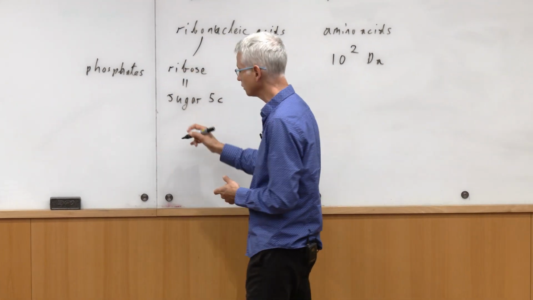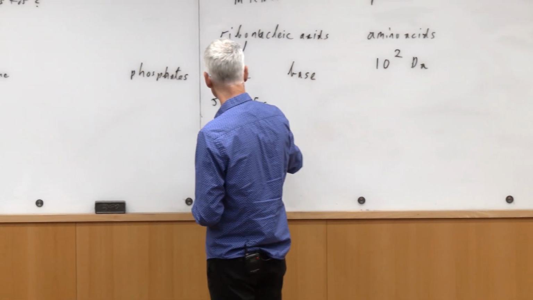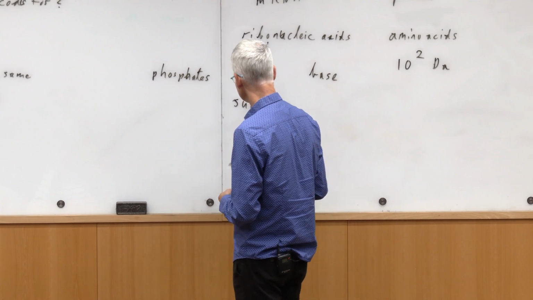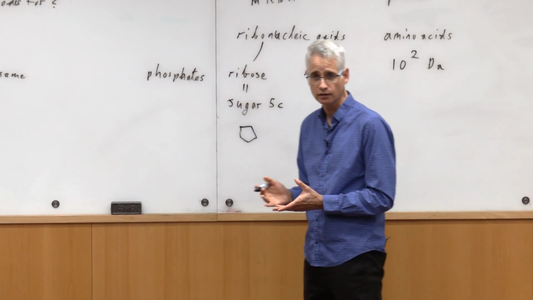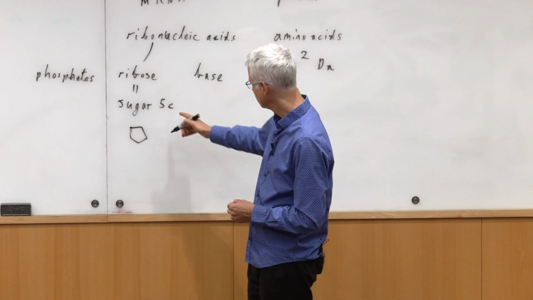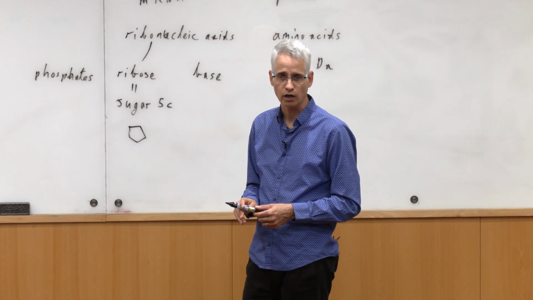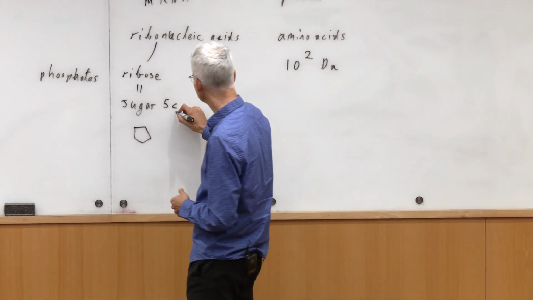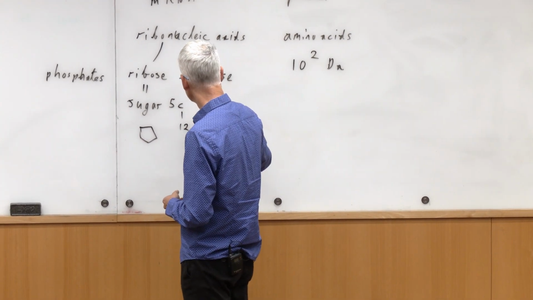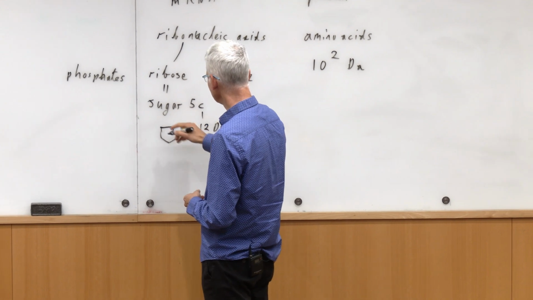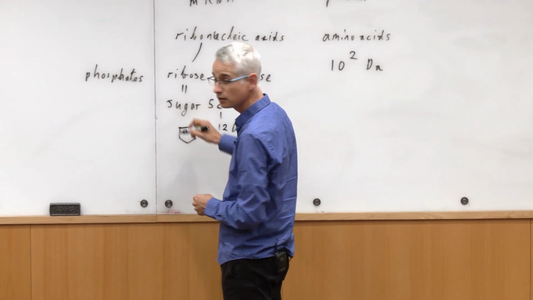So we have the sugar, which is roughly something like that, some ring, but it doesn't have to be a ring. We said 5 carbon. So what's the weight of each carbon? 12. So that's 12 Dalton. So altogether, I'm multiplying this, and probably there's some other things lying around, right?